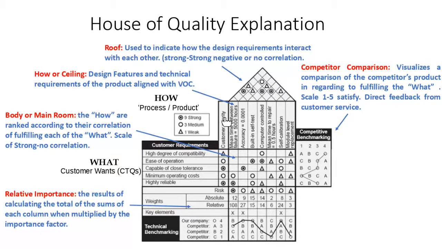So here, by the way, this is the box for the legend key. For those symbols, you see the triangle means it is weak, and the weight for that triangle is 1. The blank circle or the white circle is a medium, and the weight of the medium is 3.